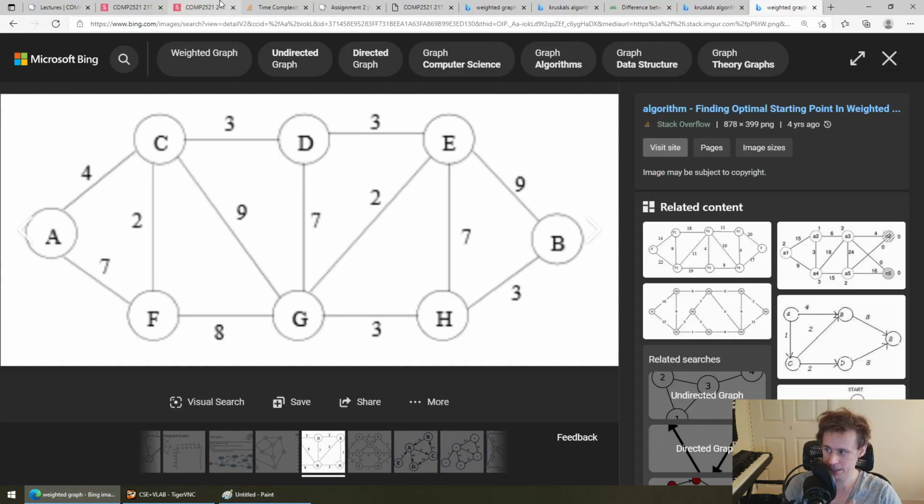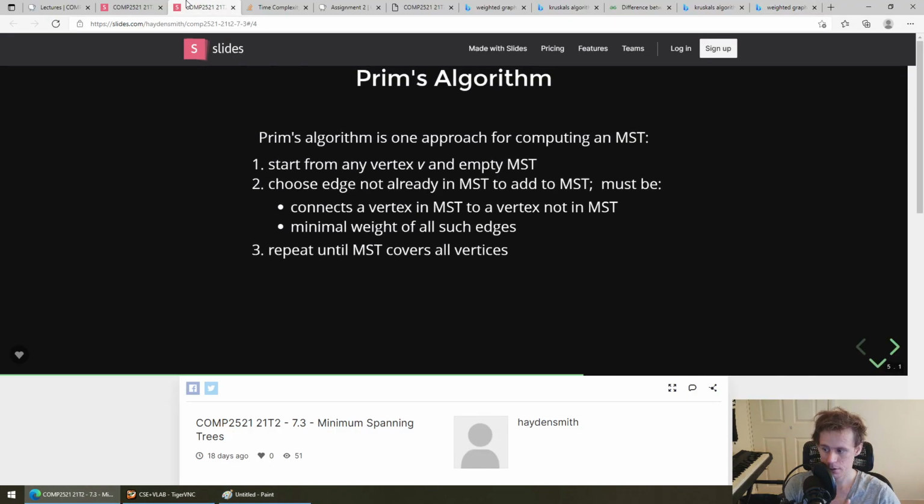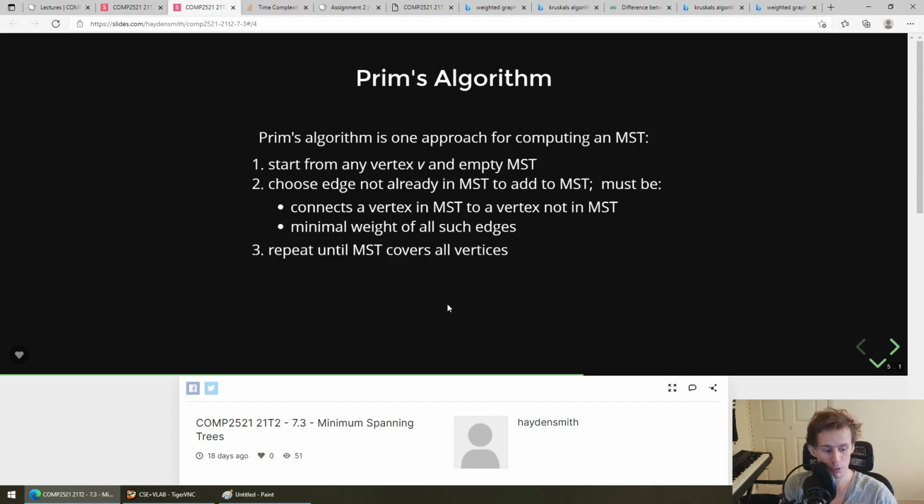Now, if we go back to the original algorithm, one of the important points here that actually simplifies the cycle checking is that when you choose an edge not in the minimal spanning tree to add to it, you pick an edge that connects a vertex in the minimal spanning tree to a vertex not in the minimal spanning tree.